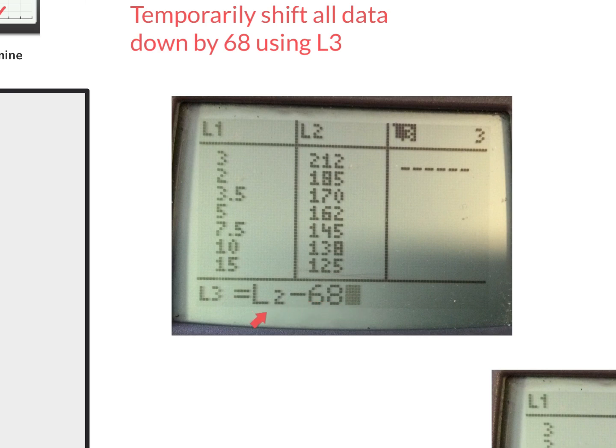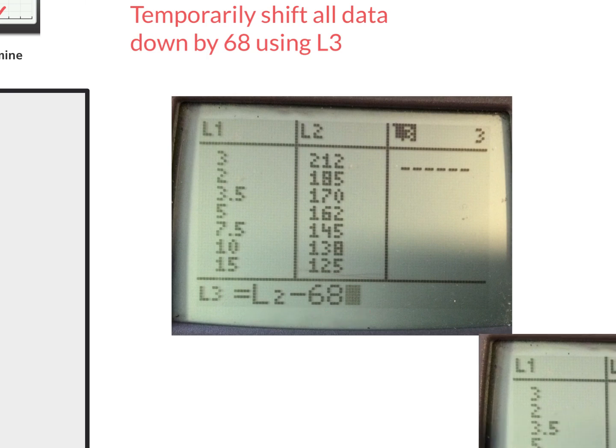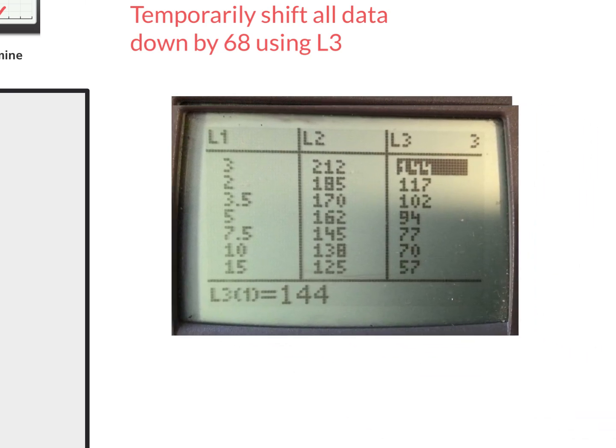This L2 on your calculator is above the number 2 and it is blue. So if you hit second and the number 2, this L2 will pop up in this spot, minus 68. When you hit enter, your calculator will populate these values with new values, which, if you notice, are all 68 lower than the original values we were given.